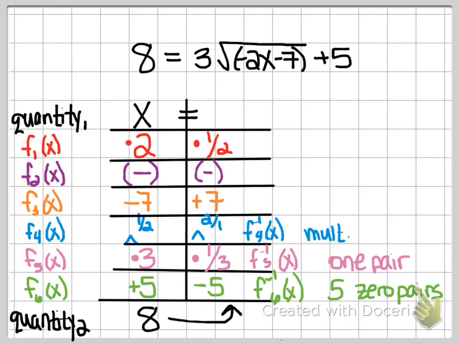Similarly, for the next operation, having something raised to the 1/2 power, or square rooting it, the inverse of square rooting is squaring a number, actually raising it by 2/1. And you can see that 1/2 and 2/1 are actually reciprocals of each other.